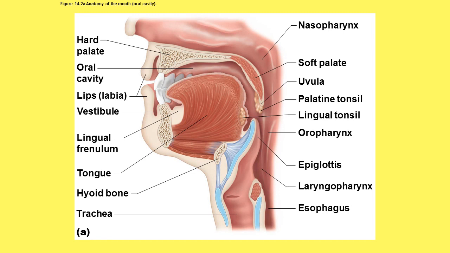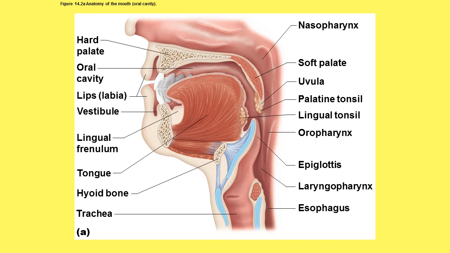You can see the placement of the tonsils. They're involved with the immune system in terms of helping to recognize any potential pathogens, any potential foreign objects that may be carried in on that food.